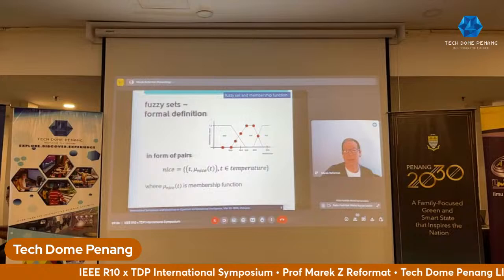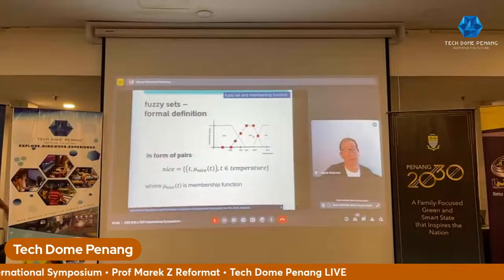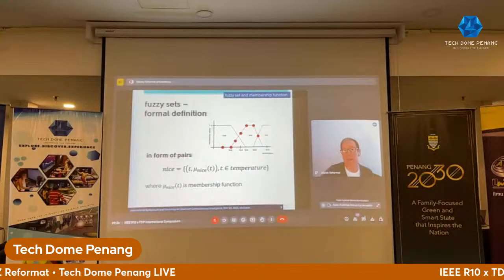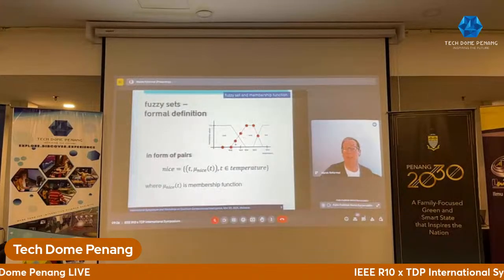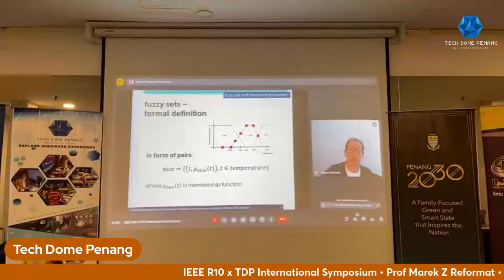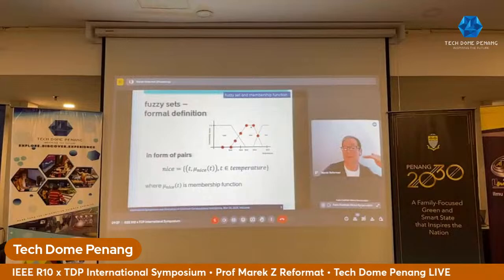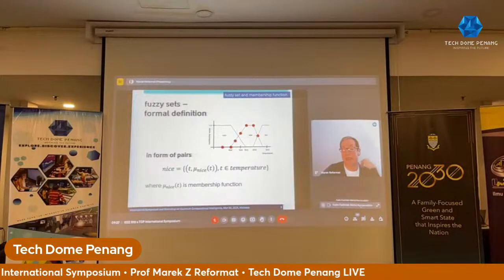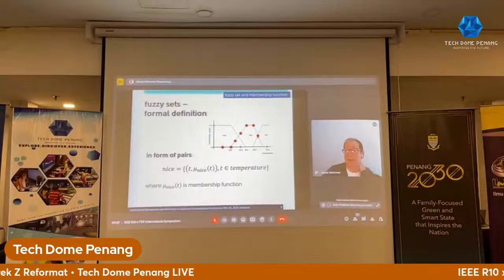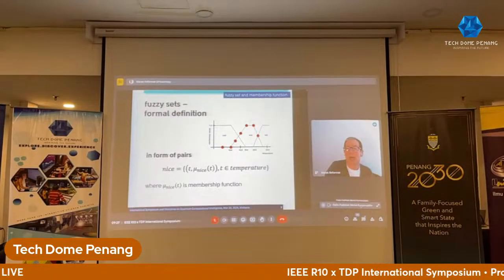Temperatures of, let's say, 5 and 10 do not belong to the set, but temperatures of, let's say, 12 and 13 belong to a degree. Here, these two temperatures again belong fully to the same set. This temperature, let's say it's 5, belongs to nice and hot to the degree of 4.